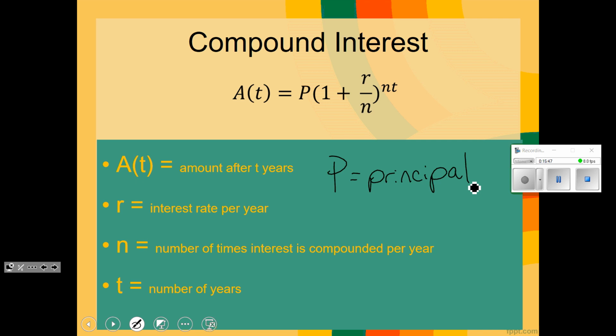So I want to talk about when you compound something. Like if it only gets compounded 1 year, that means like the example of the video I gave you. That was only compounded each year. Does that make sense? So she put in a certain amount of money, and she kept the money. It earned a certain amount of interest each year. Everybody with me?